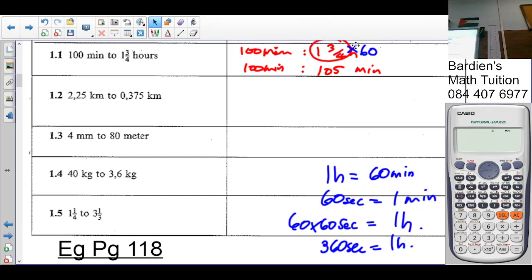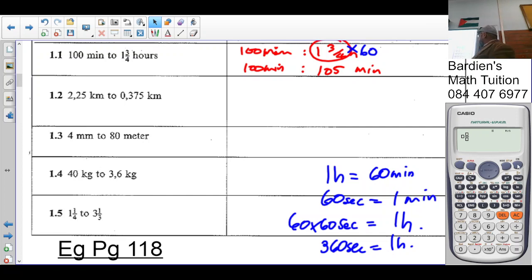But is that in the simplest form? Oh yes, before I forget, I'm going to show you, for those of you who don't know how to do the calculation in your calculator. So 1 3/4 of an hour. Remember, that's a mixed fraction. To activate the mixed fraction key, I press shift and that button.